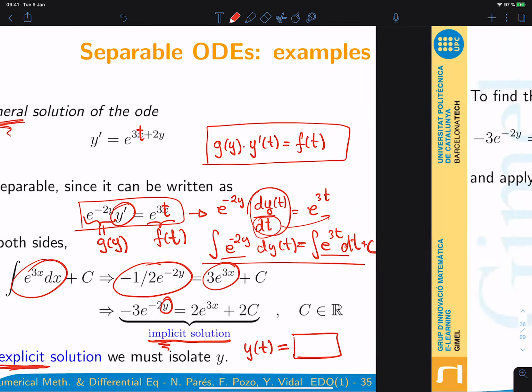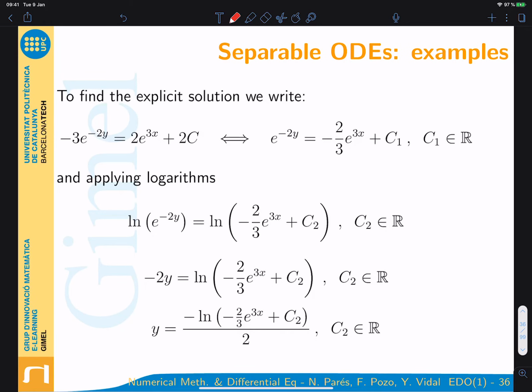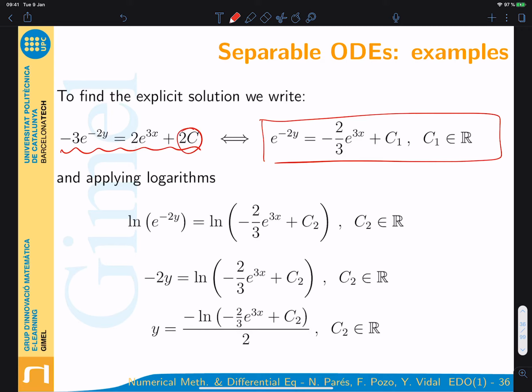In this case, if we want to find the explicit solution, we need to do some algebraic work on this expression. For example, I'm dividing everything by 3 to arrive at this other formula here. Remember here, when we divide by 3, of course we would get, if we divide by 3, we get this, we divide by minus 3, sorry, okay?